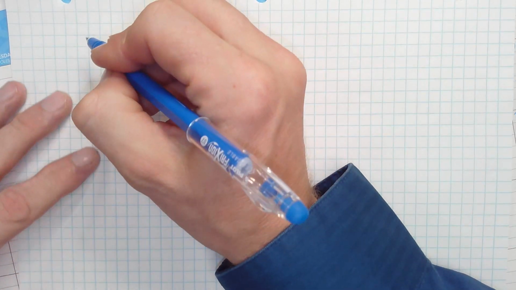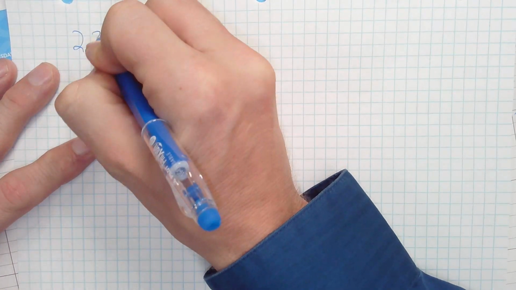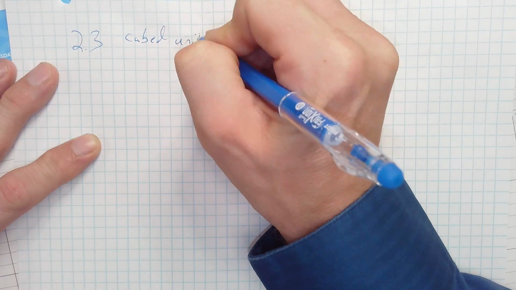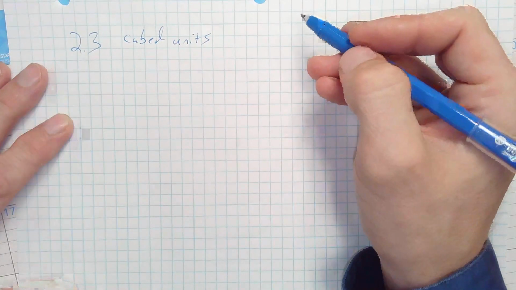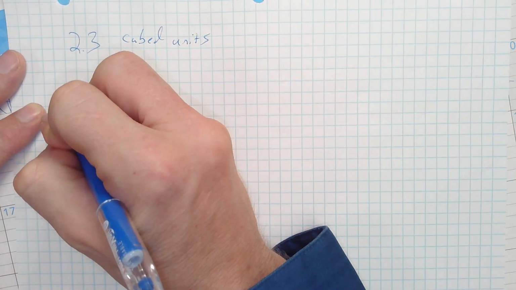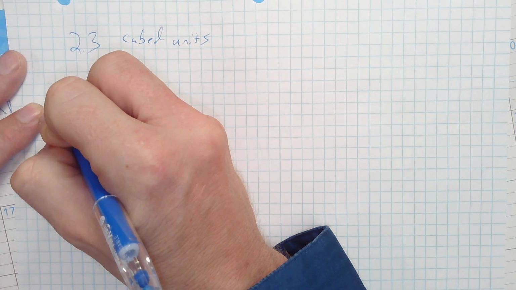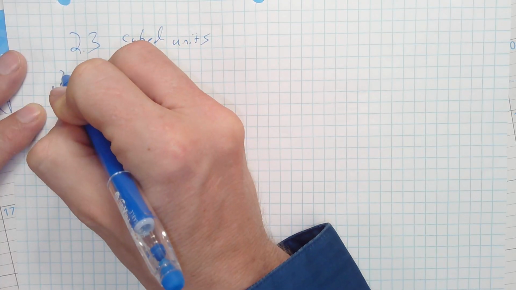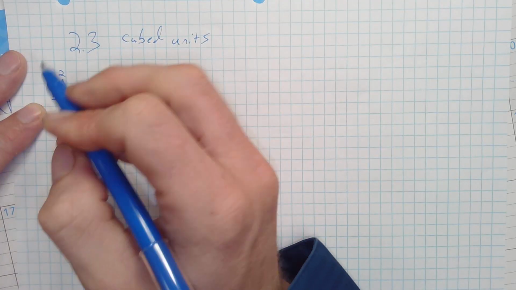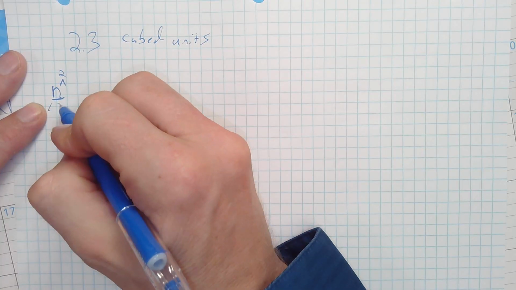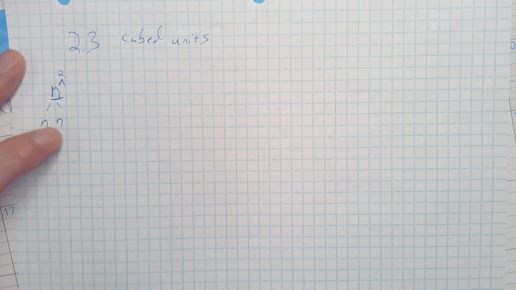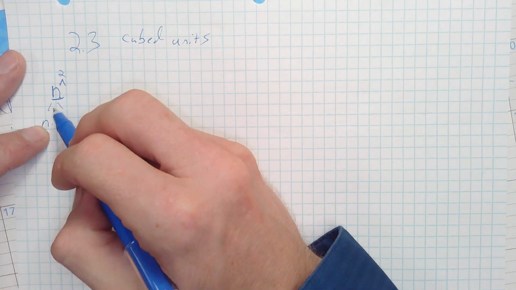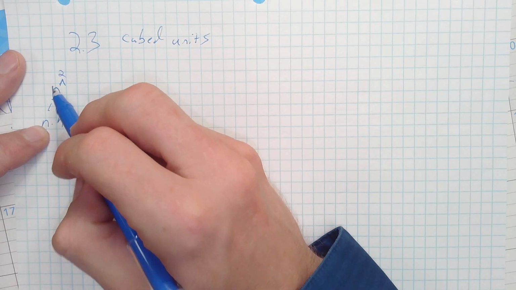All right, so this is going to be 2.3, and we're going to do cubed units. By now we should understand square units as an exponent, where we take a number, any number, the base, and raise it to the second power, which means we multiply this number by itself twice.